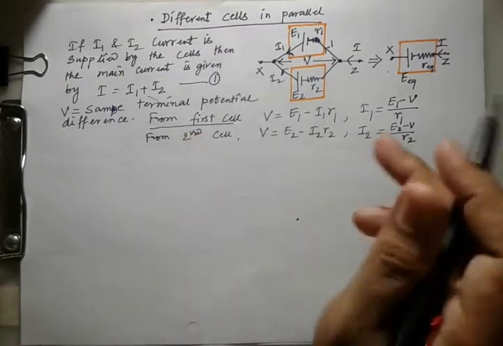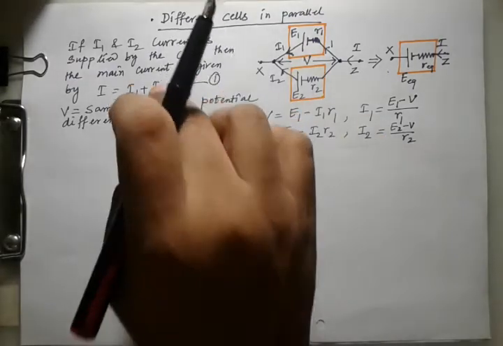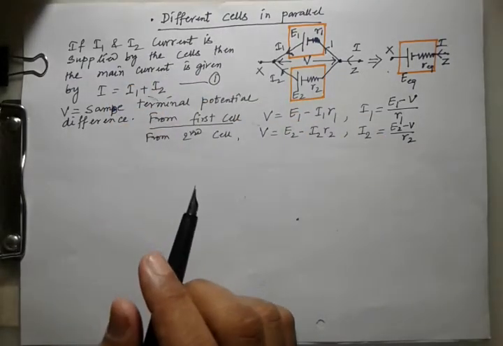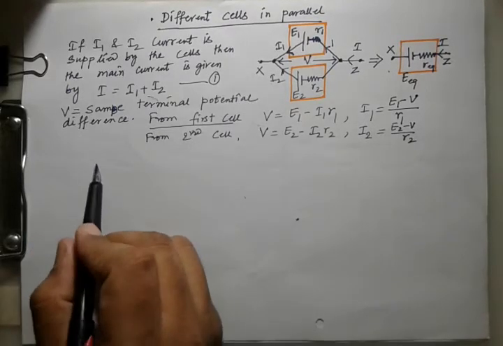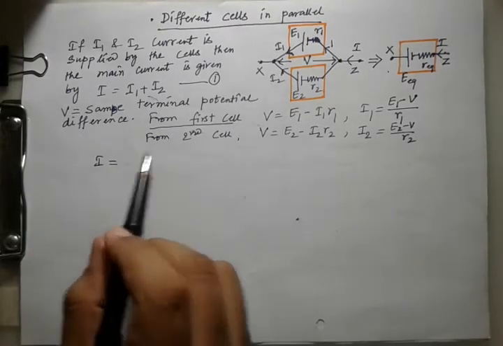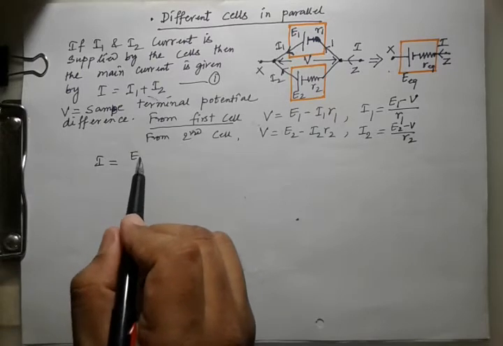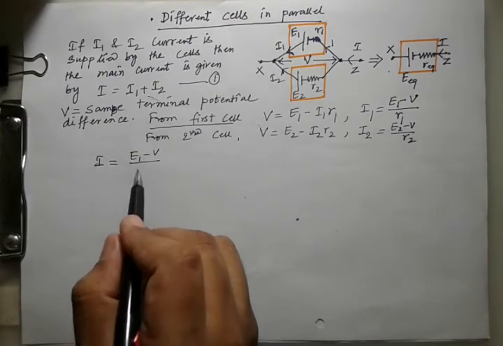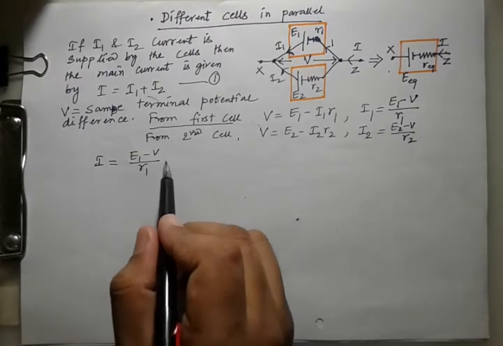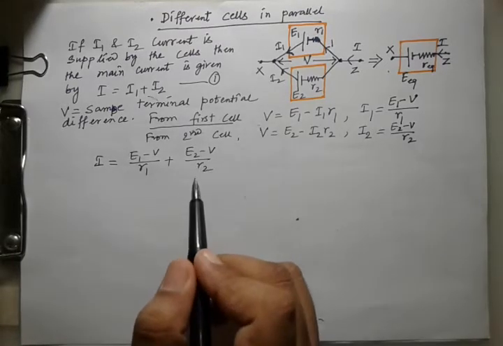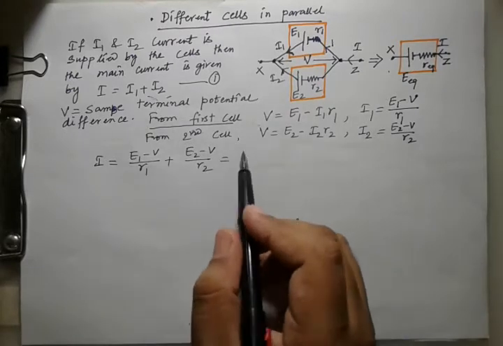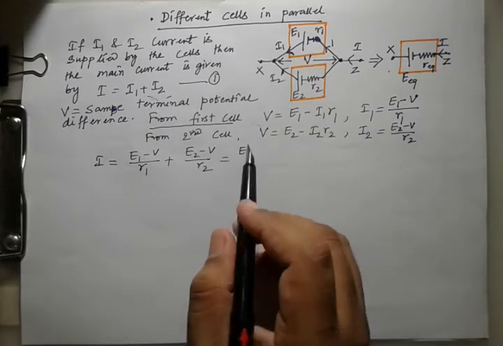So we put these values of I1 and I2 in equation number 1. What do we get? I is equal to E1 minus V by R1 plus E2 minus V by R2. Now we'll do some calculation here.